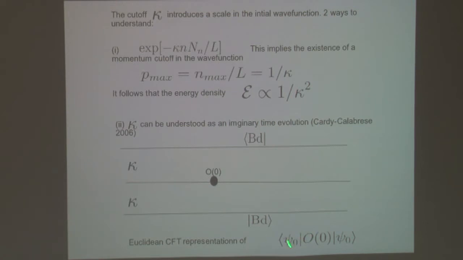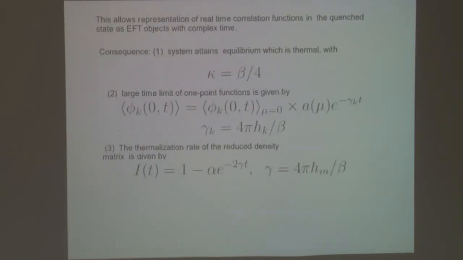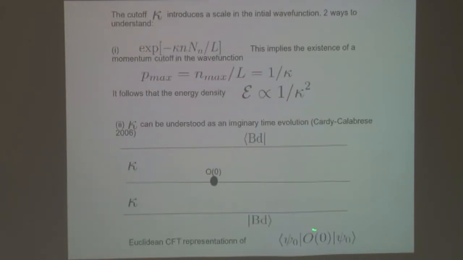If I am interested in computing an expectation value, then I do the same thing starting from up here and coming this way. This expectation value is then given by a functional integral in which there are these two boundaries, and there is a 2 kappa length of a strip in the middle. So this is just a computation of a 1-point function on a strip, and that of course can be obtained by standard methods.